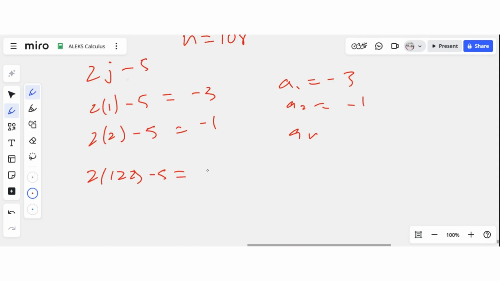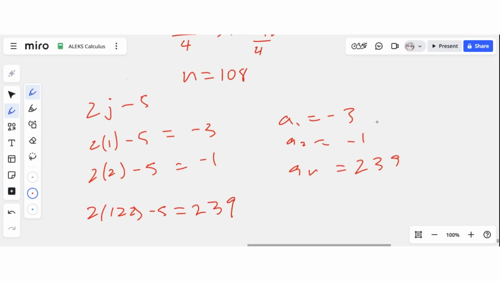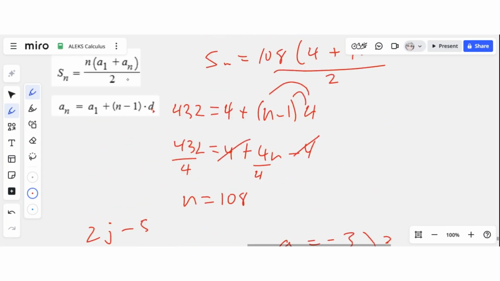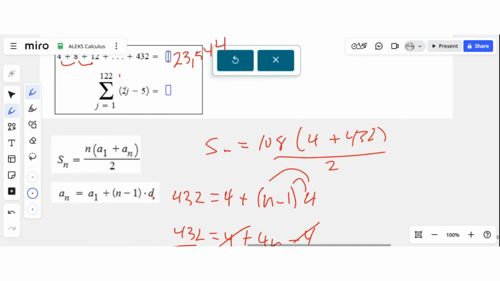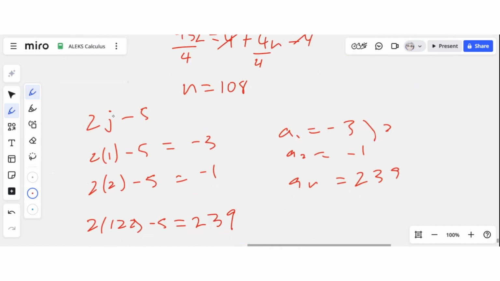That's 244, so 239. So a sub n equals 239. Now the difference between each step is 2, and you might have seen that right away because our expression is really just a linear expression with a slope of 2, or you're multiplying the variable by 2 every time. So we're going to go up 2 every time.